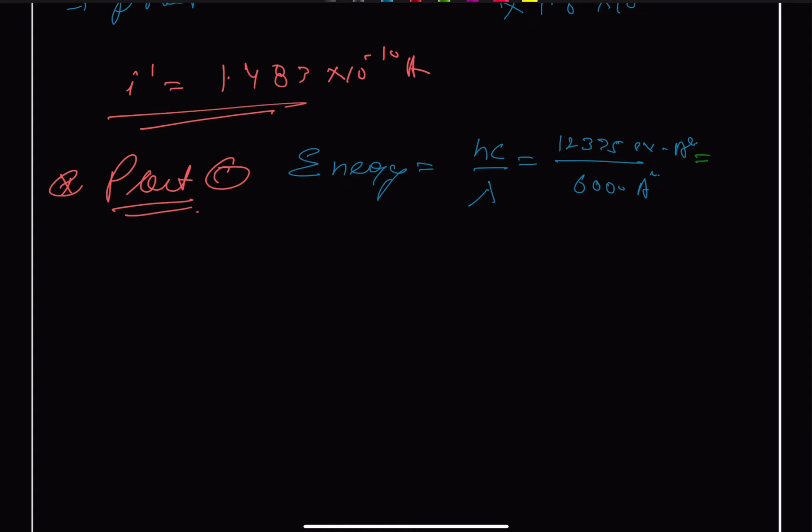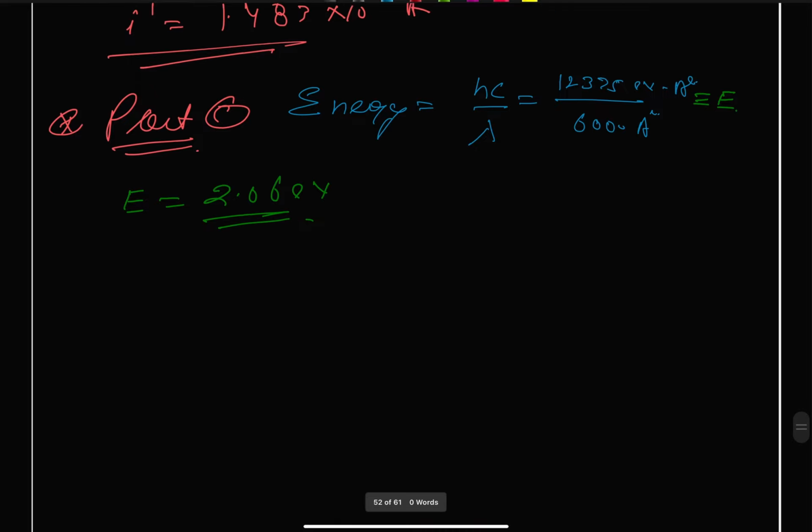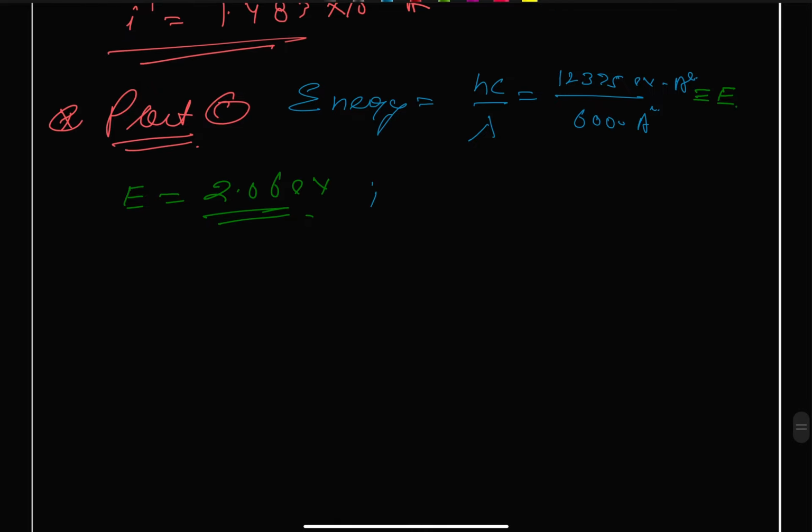Let us suppose that is given as E. So E will be equal to 2.06 electron volt, and work function is given to us. Our work function is 1.0 electron volt.